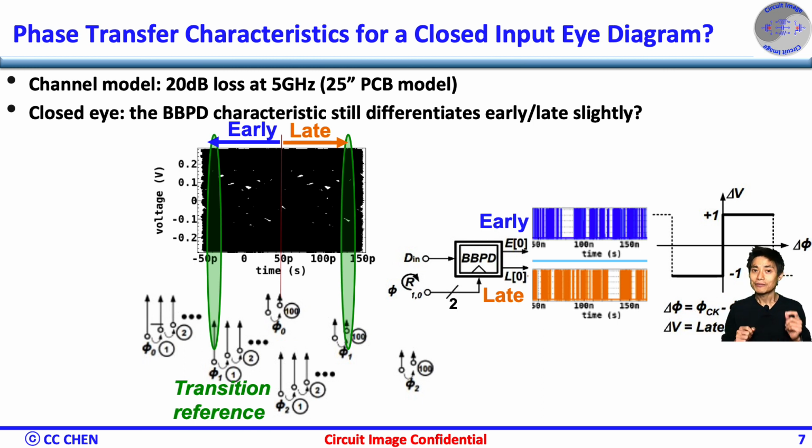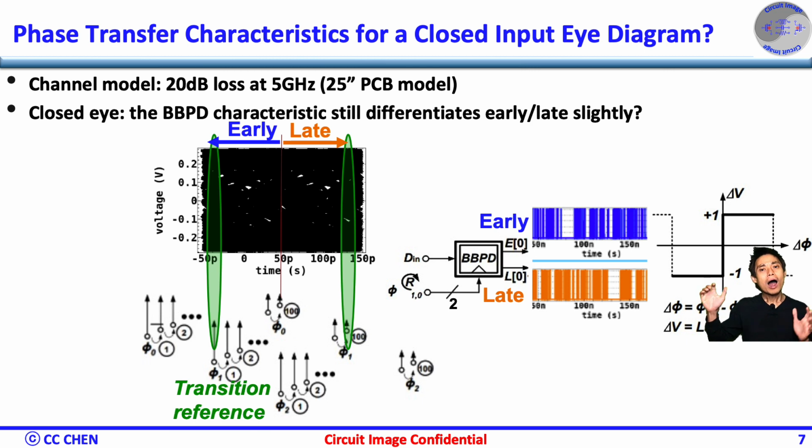Therefore, we still have another way of integrating the early-late decisions to see how the early-late responds corresponding to the input phase error between the data and output clock, which is the phase transfer characteristic of the Alexander PD shown here. But please be advised that the phase transfer is ideal, which does not match the closed eye here, and we will show it later.